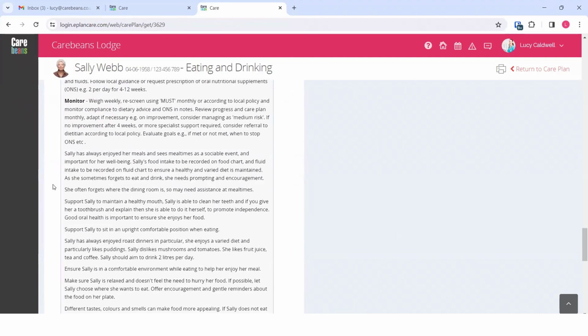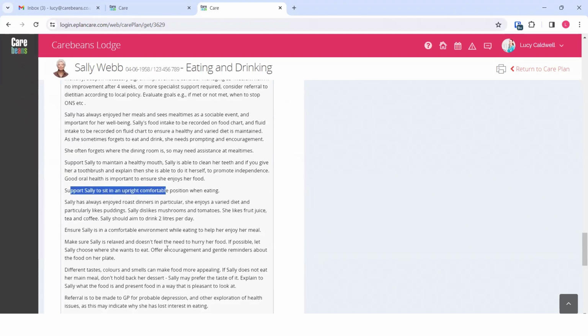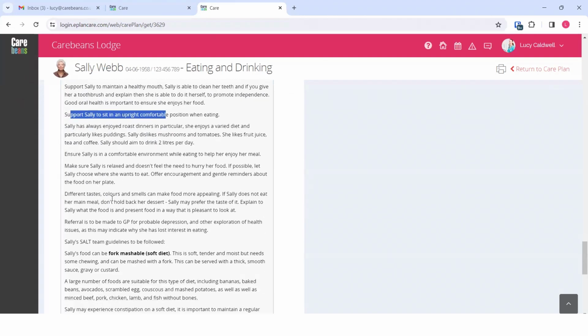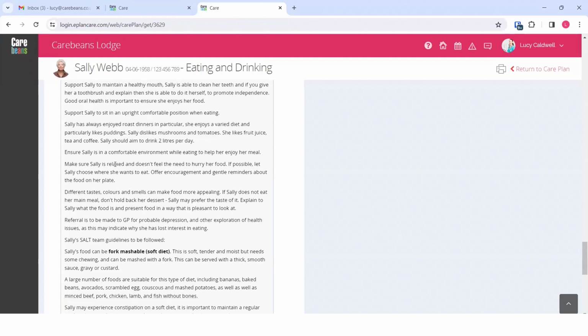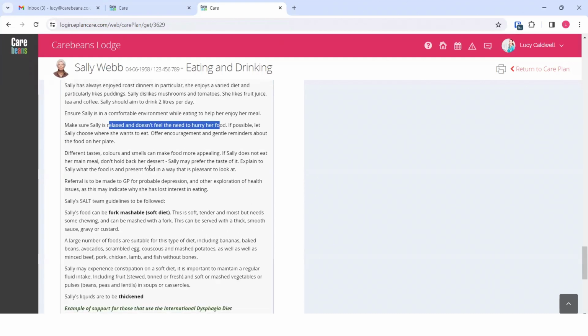I've also put some support that we're going to give her as a service. So things like we'll encourage people to sit her in an upright position so that she's comfortable. This is what sort of food she likes. Make sure she feels relaxed and doesn't feel the need to hurry her food. So it's all different sort of considerations that we've taken into account.